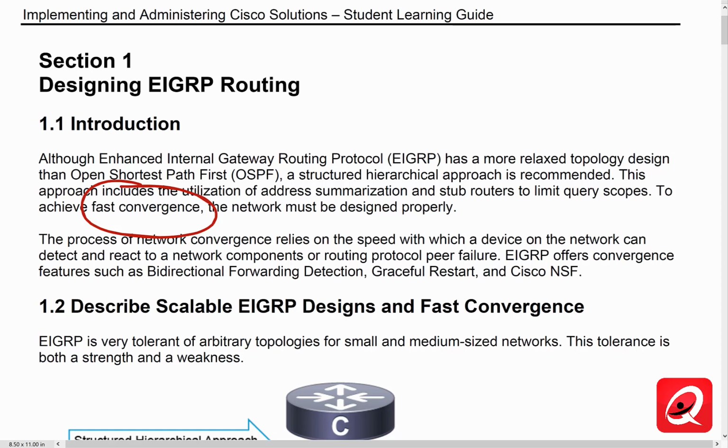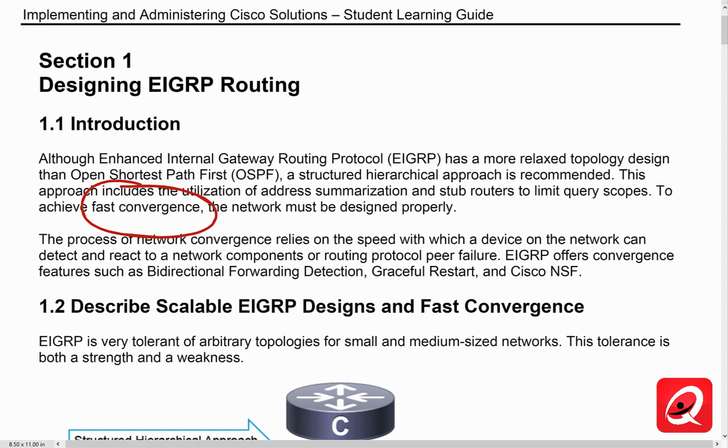EIGRP actually, if it's designed correctly, converges faster than just about any other routing protocol, meaning that you have a successor, you have a feasible successor, you're doing your stub query scoping. We'll talk about that concept a little bit later on. You're implementing your summarization at appropriate summarization boundaries with your contiguous address blocks and whatnot. EIGRP can actually be designed to operate very, very efficiently.